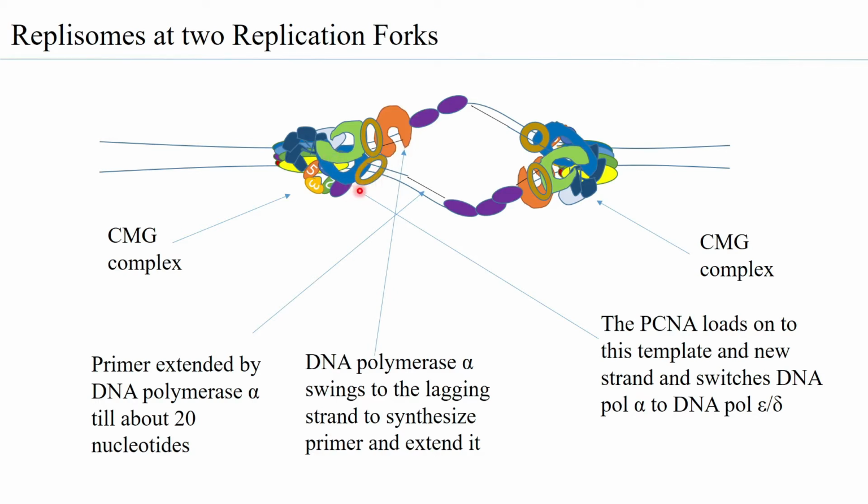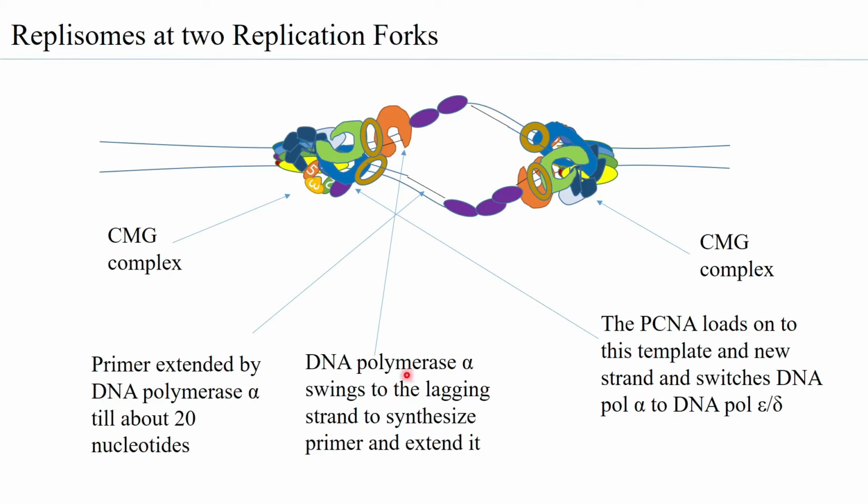So the PCNA not only increases the processivity of the DNA polymerases, it is also responsible for the DNA polymerase switching effect. The DNA polymerase alpha, having completed its job, is switched to DNA polymerase epsilon and delta simply because they have a higher fidelity and higher processivity, so that the synthesis is more correct.